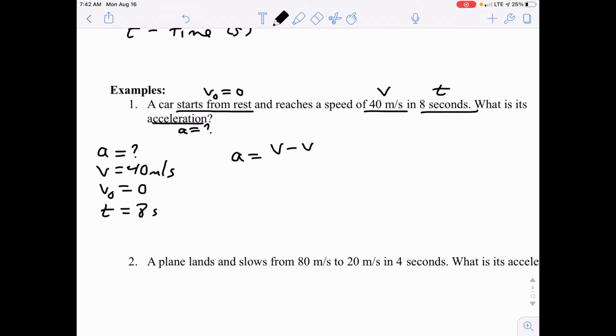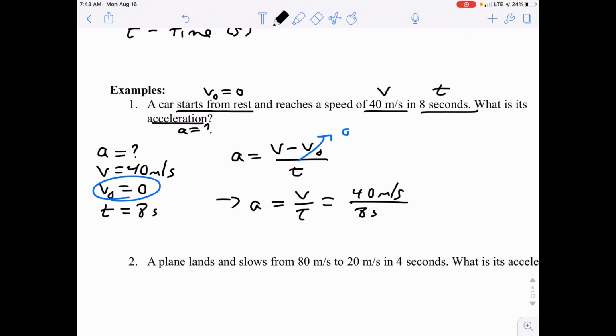A equals V minus V naught over T. Now, since V naught equals 0, let's go ahead and zero out that part of the equation and substitute into what's left. A equals V over T, therefore V is 40 meters per second over 8 seconds, and we get 5 meters per second squared.